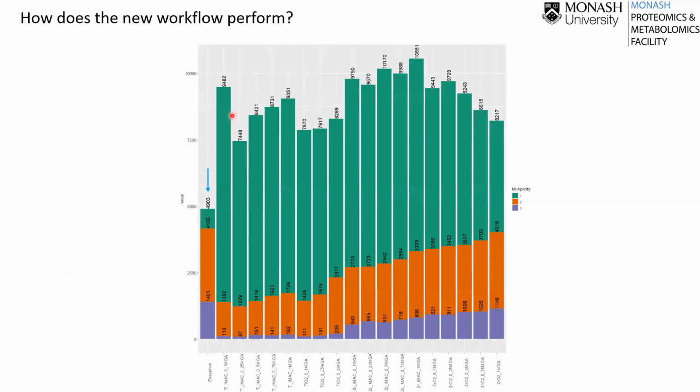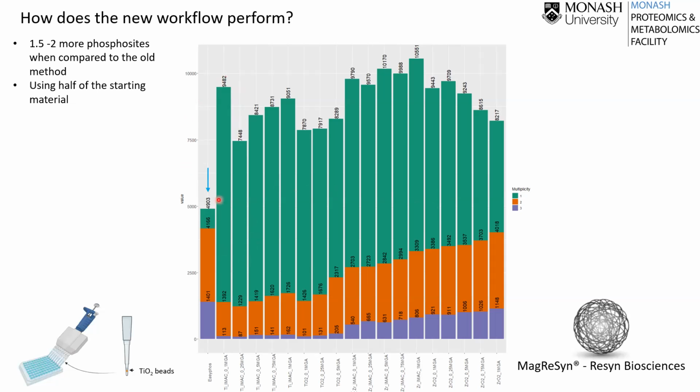So how does this new workflow perform? The blue arrow here shows the old workflow, and the different columns here are different magnetic beads from that company using different buffer systems. Comparing the magnetic beads with the old workflow, we can see we have 1.2 to 2 times more phosphosites compared to the old workflow.